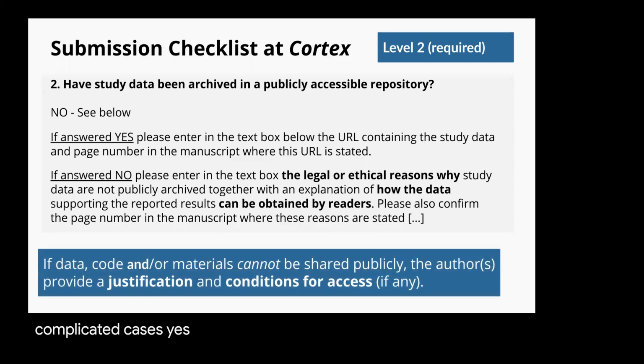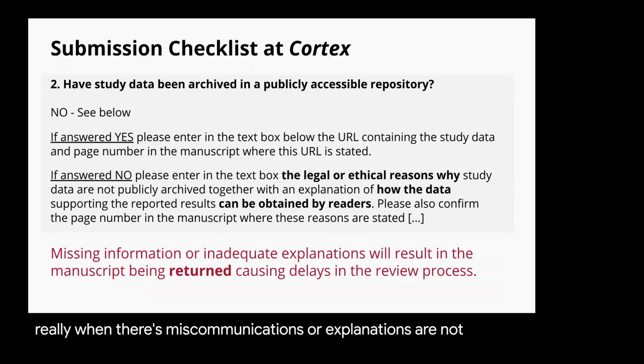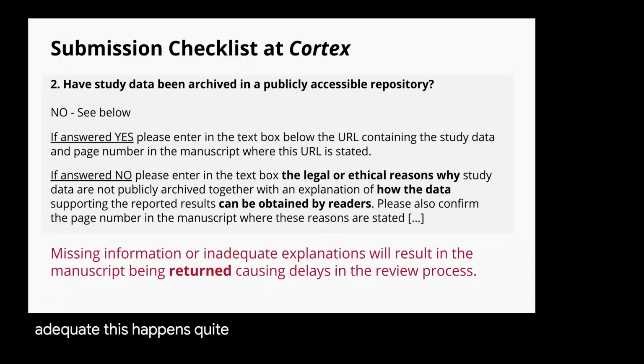Yes, so what happens here is this is not as standardized as it could be in terms of answers. So there's a lot of open text responses that the authors need to submit. So it's no one's fault really when there's miscommunications or explanations are not adequate. This happens quite a lot from what we have seen so far.